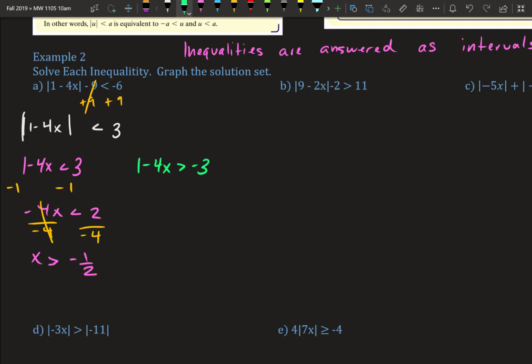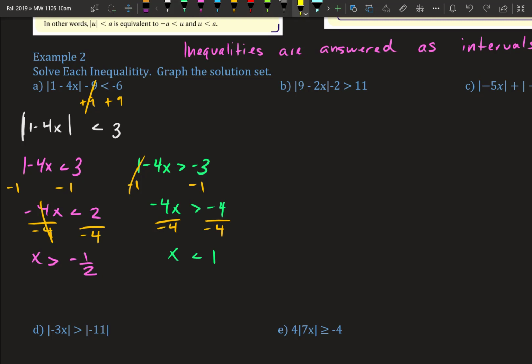Let's solve the right side by subtracting 1. And then we're going to divide by negative 4. So we get x is less than 1.